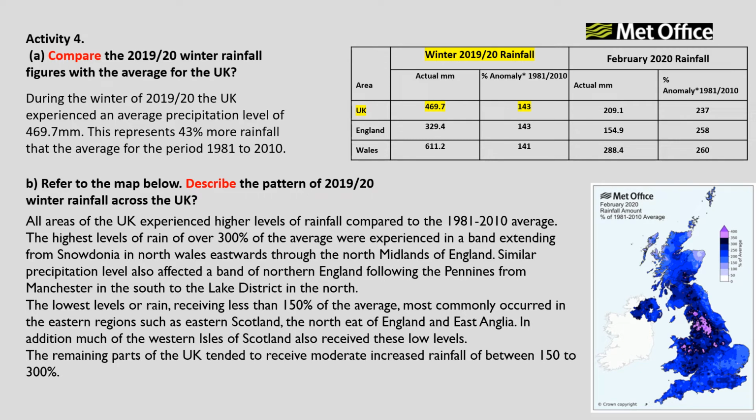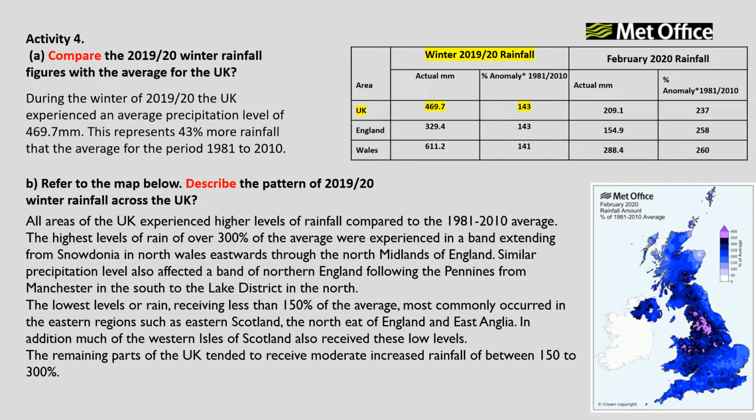Each of those main columns is split into 2 sub-columns, so it's got the actual rainfall measurements measured in millimetres, and it's got the percentage anomaly, which means how much more rain fell in those time periods compared to the average for the 1981 to 2010 30-year period.